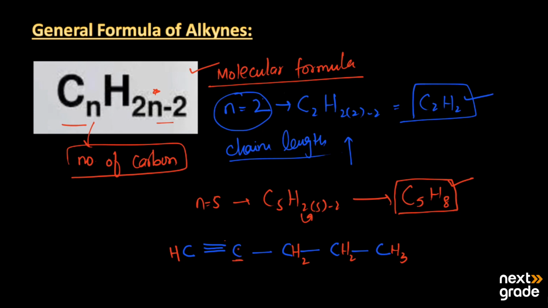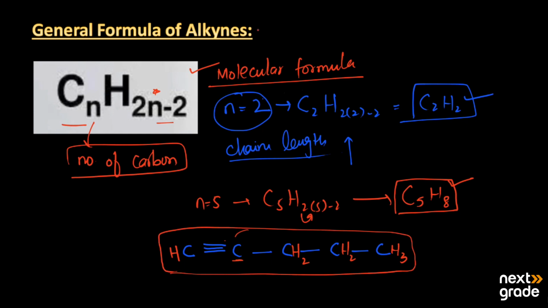So it doesn't take any more hydrogen. So this is the structural formula for the alkyne which has 5 carbon atoms and 8 hydrogen atoms, and 2 carbon atoms have a triple bond between them.